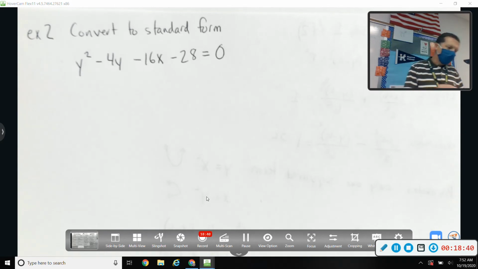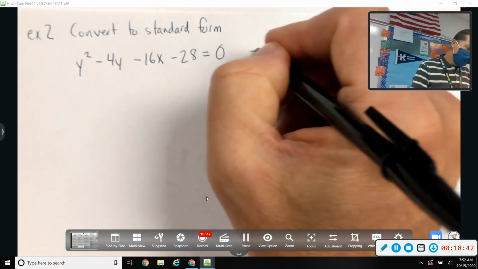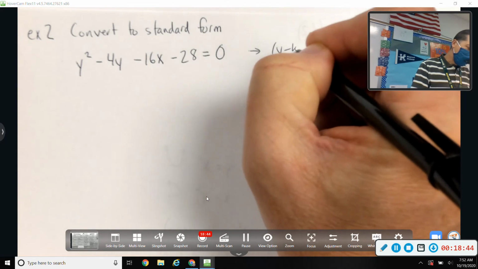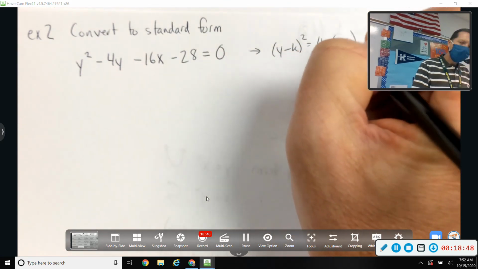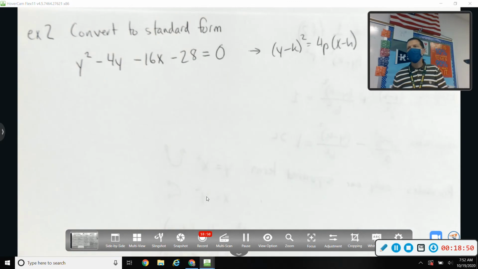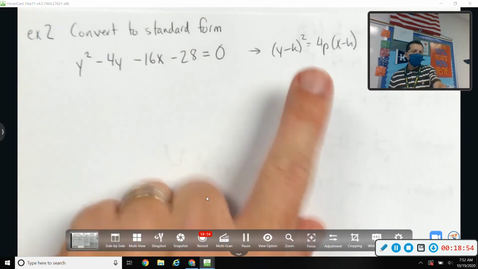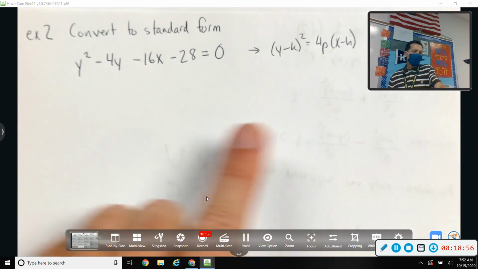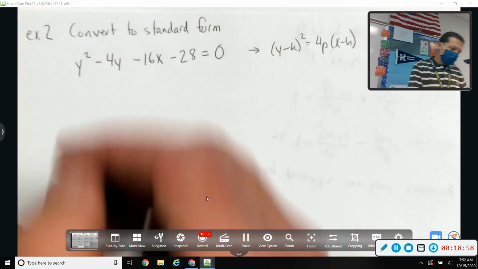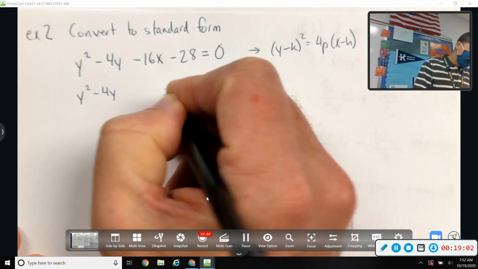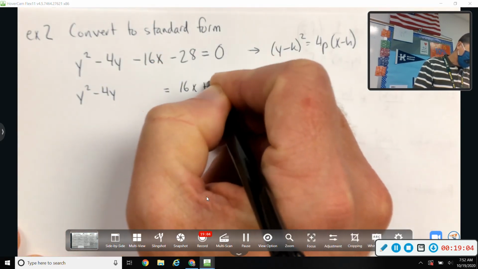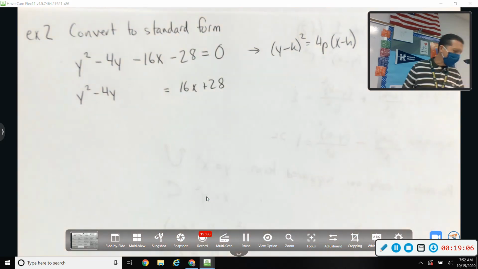But it does mean that my goal is that it looks like y minus k squared equals 4p times x minus h. I should have a y. My y is squared, my x is not. So to start to get it like that, let's put all the y stuff on one side and move the other stuff to the other side.